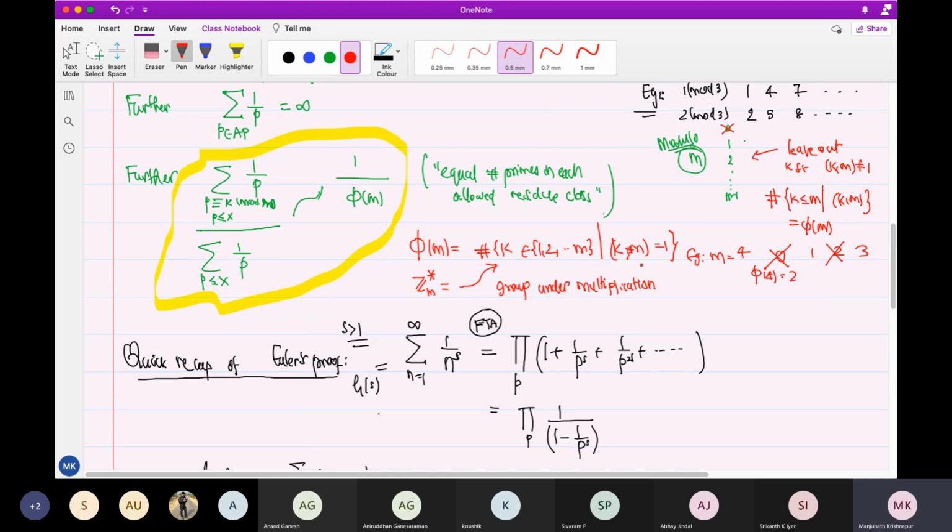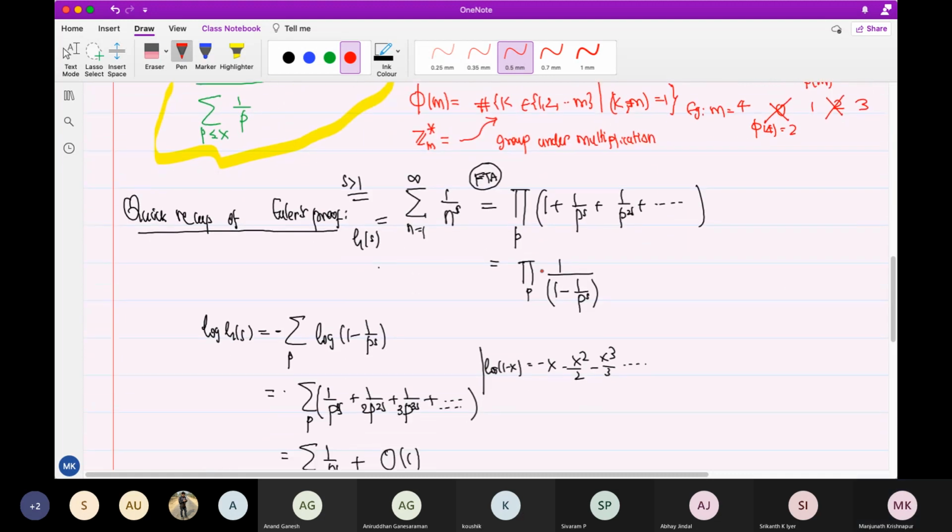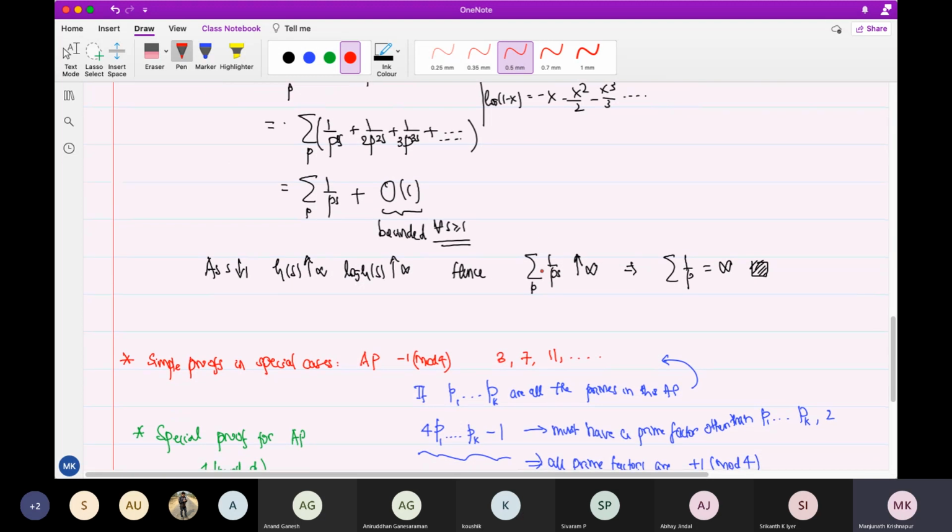These are 1 and 3 that form the group, which is isomorphic to Z2. Any other questions? Okay. So we will actually, the representations we will be using will be of that group, Zm star.